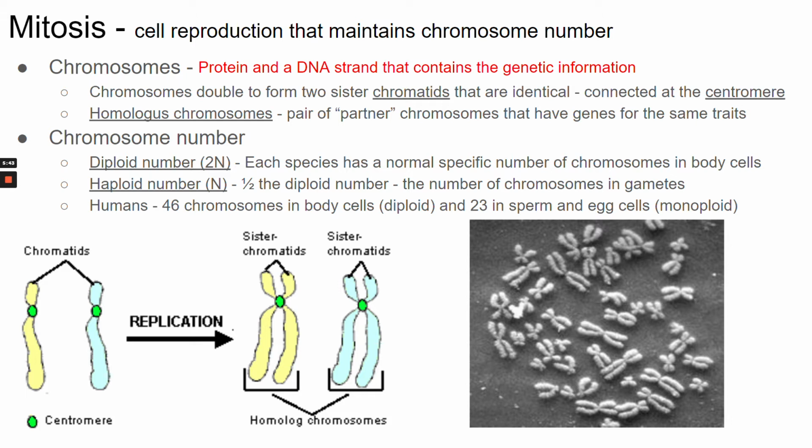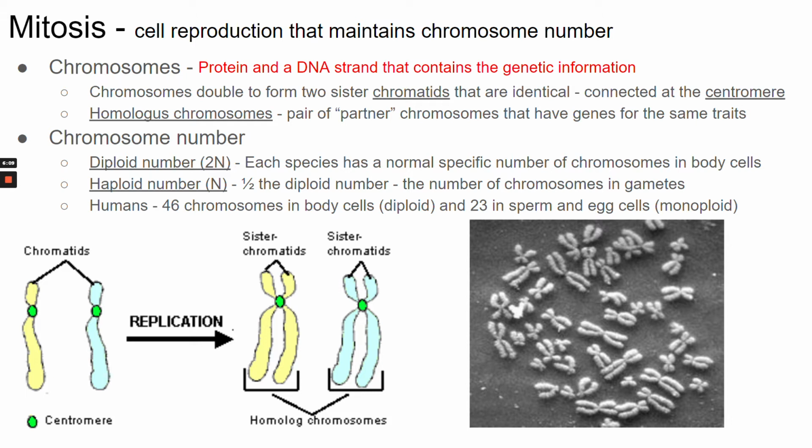Now, in humans, the typical number of chromosomes that our cells have is 46. Okay? In a healthy human cell, there should be 46 chromosomes inside each nucleus of our cells. 23 pairs. 23 that came from my mother, 23 came from my father.